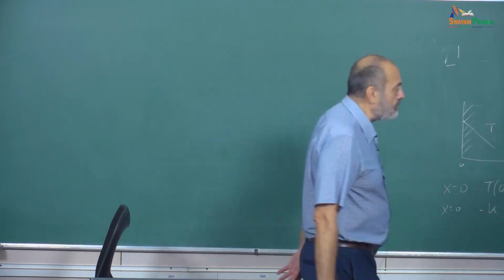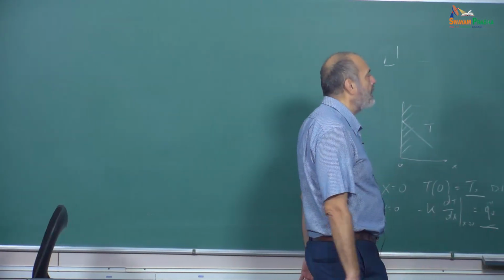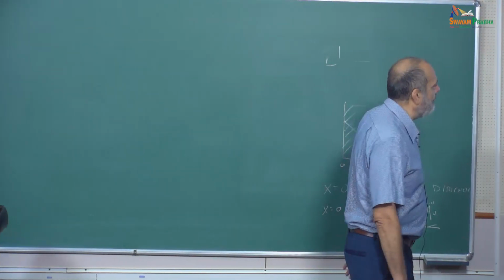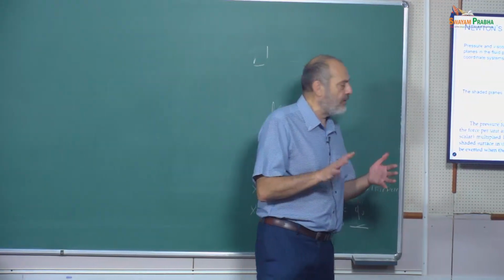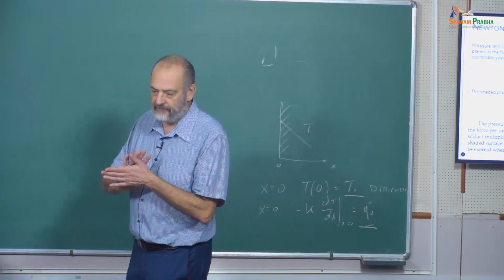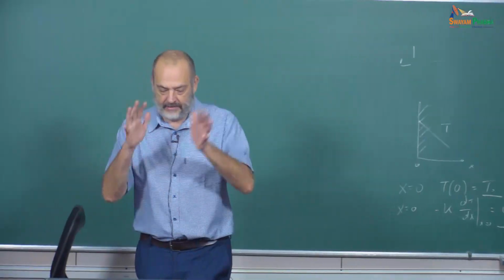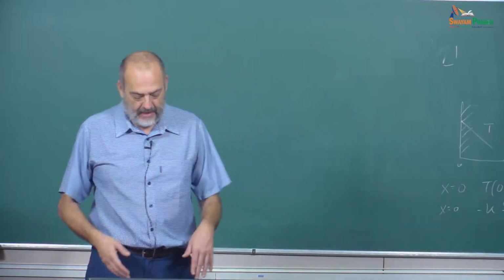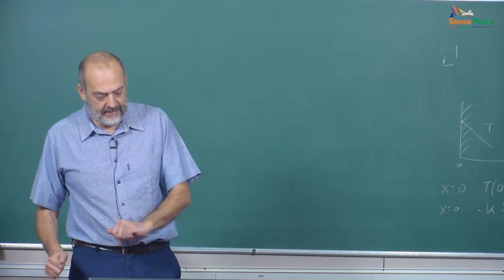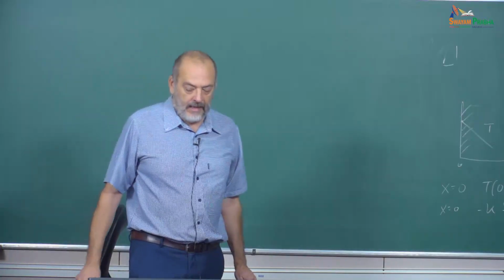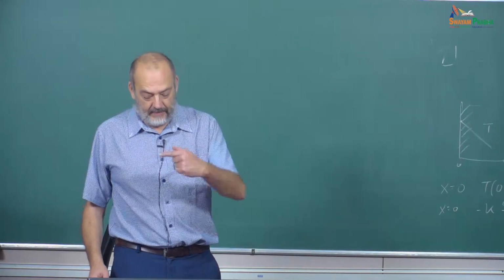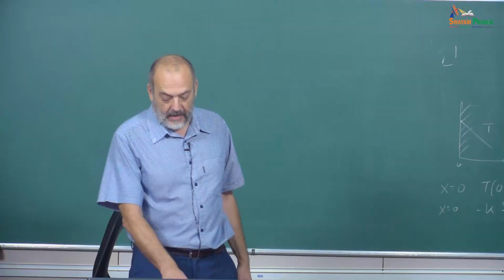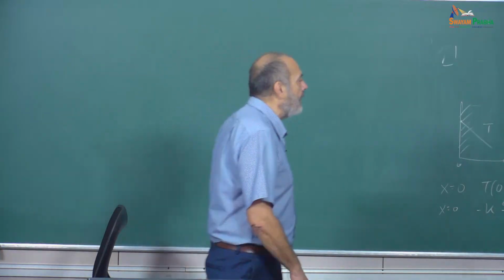Now, which is the other force? Of course, it is related to the pressure. The pressure and viscous forces are acting on the planes in the fluid perpendicular to the three coordinates, and you have here the cases A, B, and C. The pressure force is always perpendicular. So, for example, here we have P delta x.